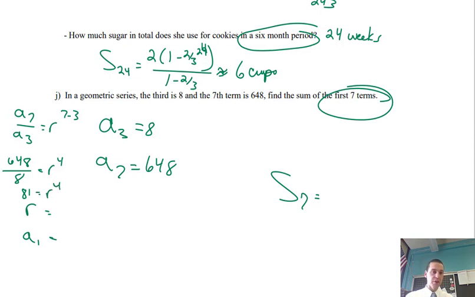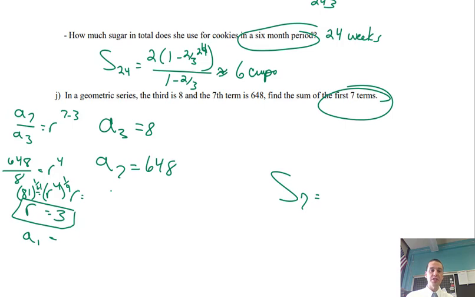Equals R to the 4th. And when you have anything raised that we're trying to get rid of, we will raise it to the reciprocal of 1/4. And R will equal 3. So R equals 3.